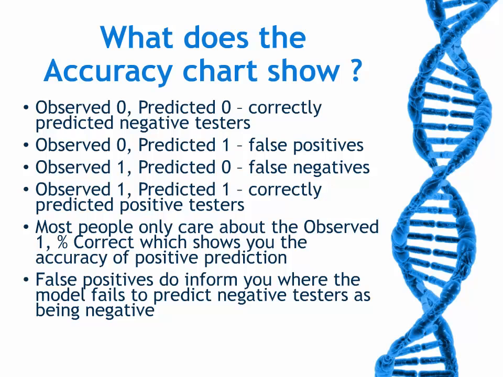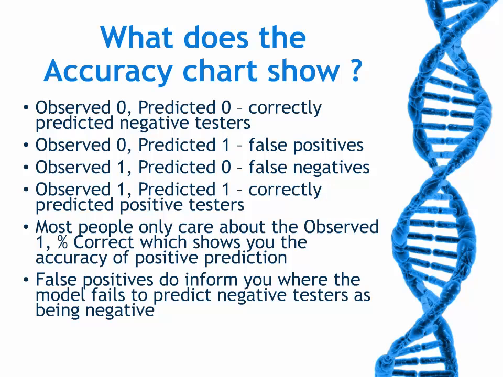Being a statistical software package, it gives you a lot of information that you're probably not used to seeing. It gives you 4 kinds of prediction. First of all, if it's observed to be 0 and predicted to be 0, that's a correctly predicted negative tester. So that's the first one in the chart.